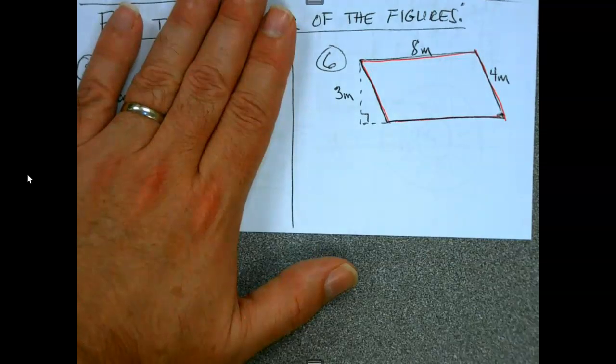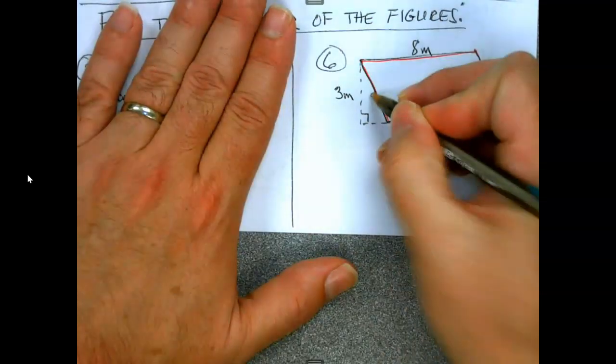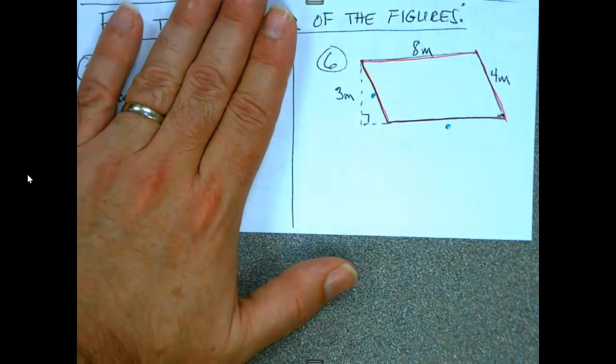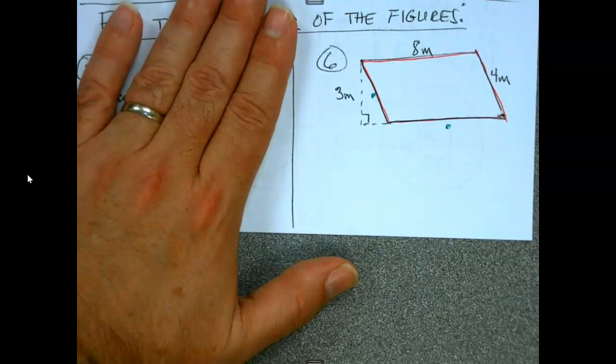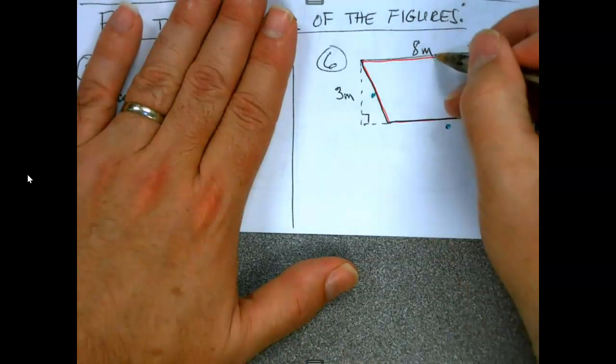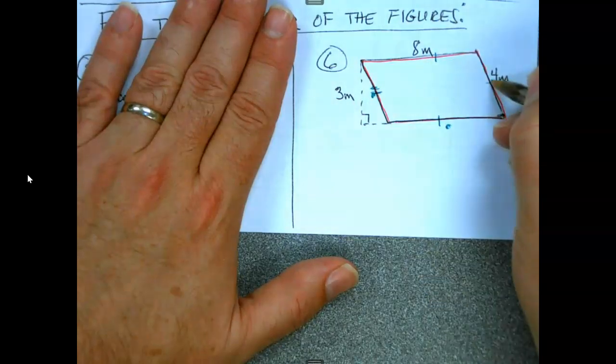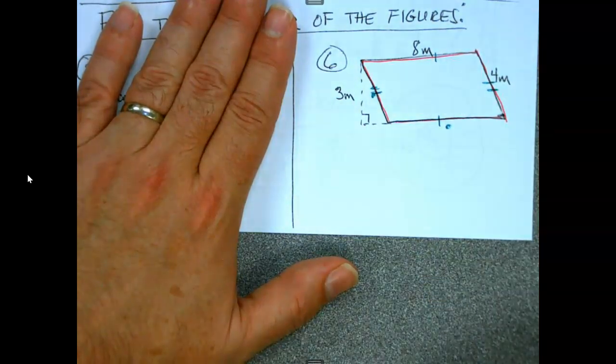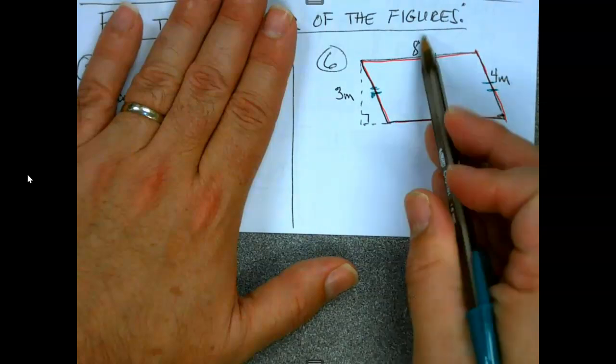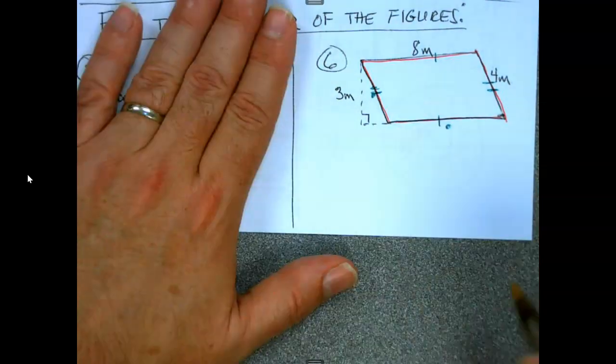So here, what are my other 2 mystery sides that I don't know yet going to be? So yeah, with these, when you have a parallelogram, your opposite sides are always congruent or equal.